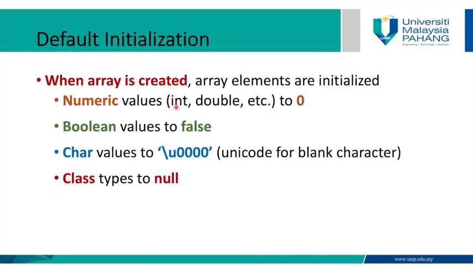And then Boolean values, which are true or false, will begin with false. For char values, it will start with the Unicode for a blank character. And for class types, it will begin with null.